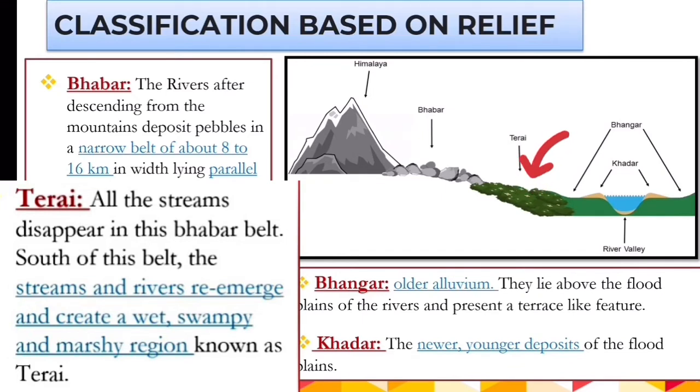And where do they reappear? They reappear in a wet and swampy region known as Tarai. This belt creates a marshy region because the rivers re-emerge from here, and most of the population, or you can say the dense forests, are found in the Tarai belt.